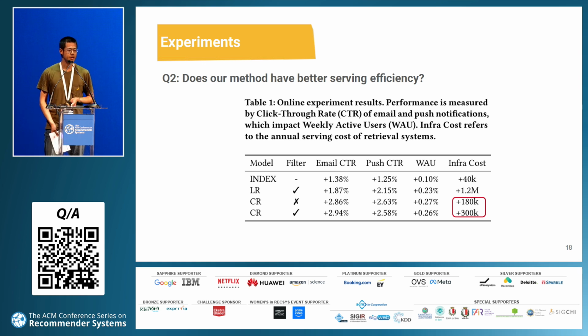This is probably related to the better serving efficiency or filtering efficiency of the CR models. We've done an offline experiment that shows that without the filter, conditional retrieval can already get 80% of the topic matching rate, while learned retrieval methods only get you 20%.